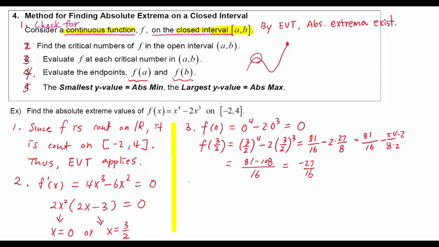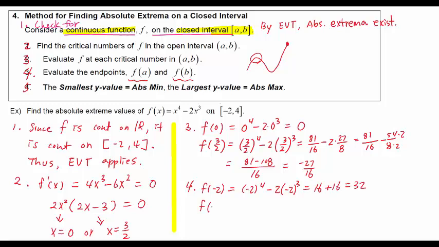But absolute max or absolute min could happen at the endpoints, so I'm going to evaluate the endpoints. What's f of negative 2? Negative 2 to the power 4 minus 2 times negative 2 to the 3rd power is positive 16 plus 16, which is 32.